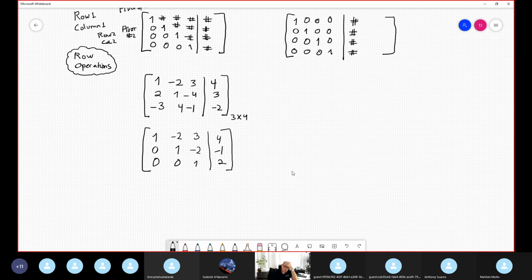At this moment, this matrix is called echelon form because it looks like stairs. So at this moment, we can apply back substitution.